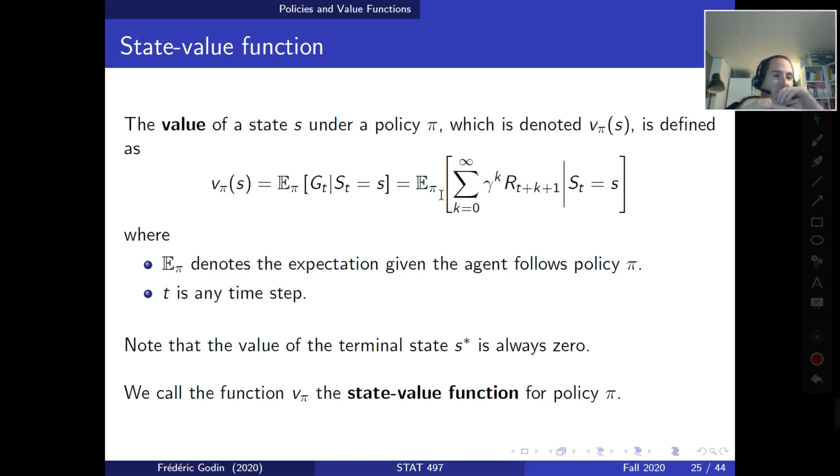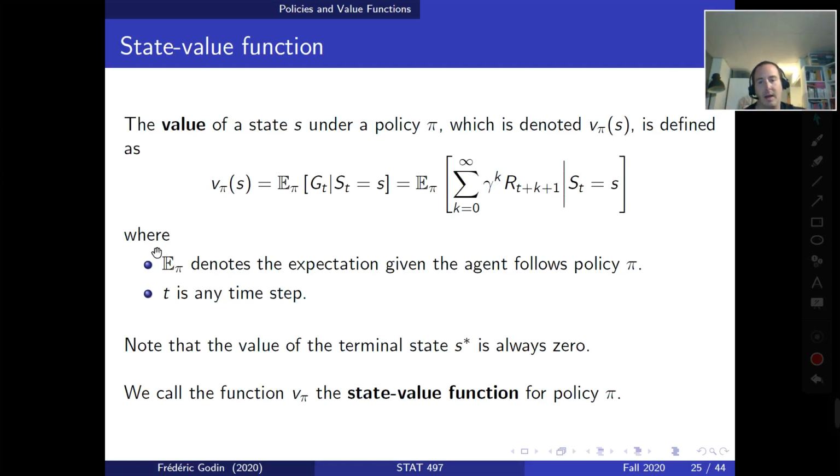So when you choose different actions, you're likely to end up in different states which are associated with different rewards. So your reward distribution in the future depends, of course, on your initial state at time t, but it also depends on your policy because this will also influence the future states in which you will be.